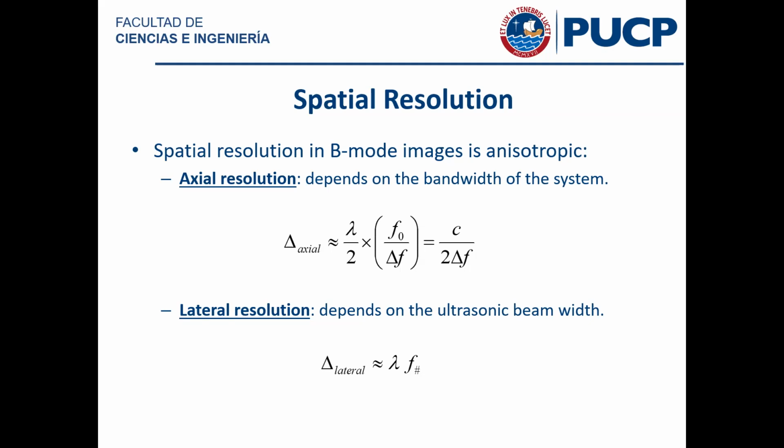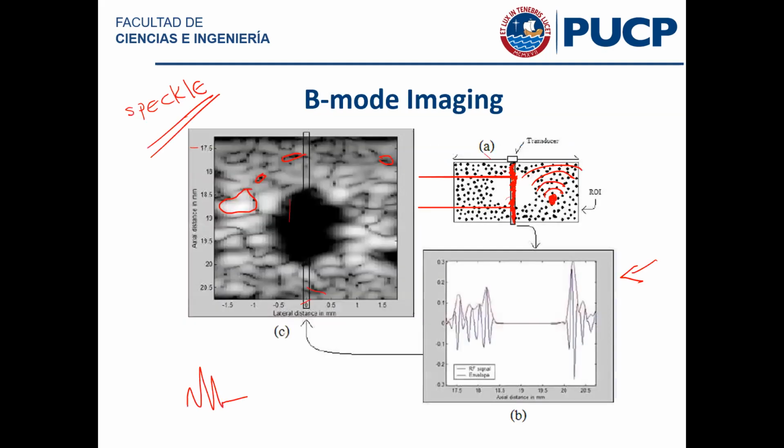B mode imaging is an imaging modality where the spatial resolution is anisotropic, unlike other imaging modalities, meaning that you have a different resolution in the axial direction, which by the way, this is axial and this is lateral.